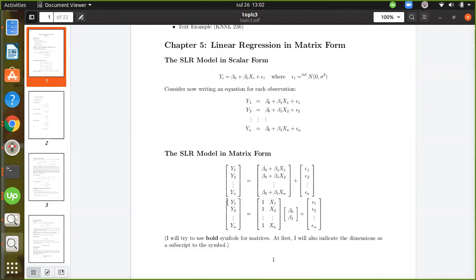When you transform it into a matrix, you get this vector of grades equal to a matrix with the first column having 1 and the second column having the study hours, times the vector of weights plus the vector of errors. The errors for each of the students are not the same.